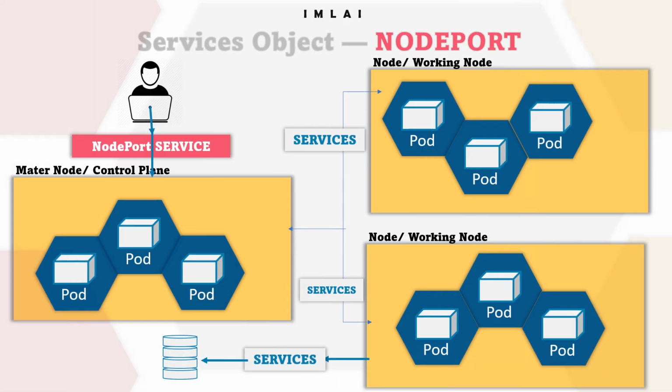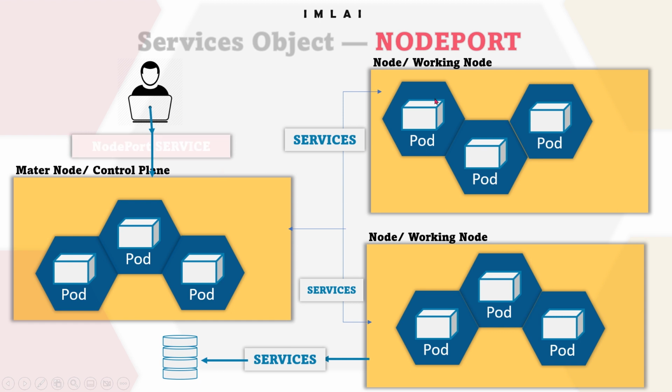So first let's do this example, the service object, the NodePort service. This is the example we are going to take. It's time to get into the action. It's pretty simple. Here we will have a pod.